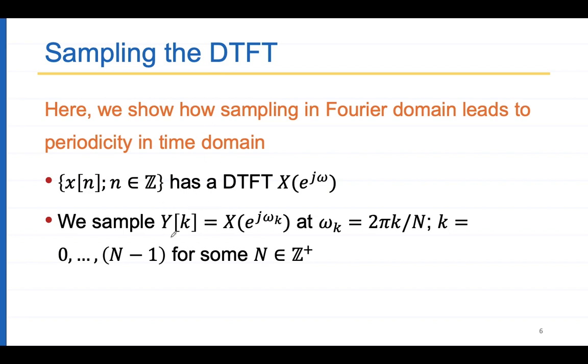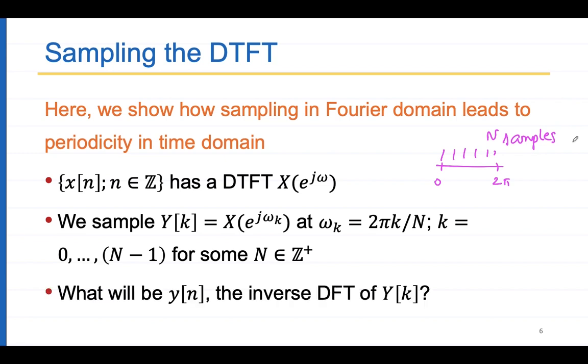So y[k] are the samples of X(e^jω), sampled at ω equal to 2πk upon capital N, where k goes from 0 to N minus 1. So basically, I have taken capital N samples. My X(e^jω), which lies from 0 to 2π, I take 1, 2, 3, 4, like that, capital N samples, for some positive integer N.